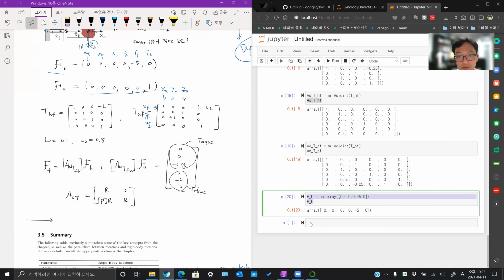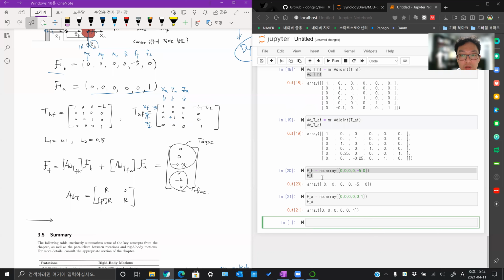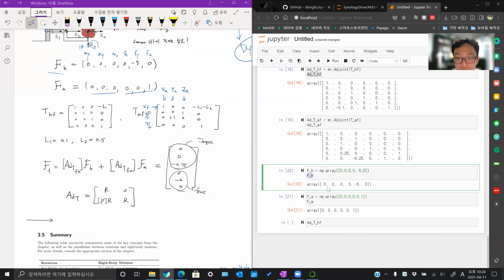Similarly, P A, 0, 1. And then let's calculate this one. This is a 6 by 6 matrix, and this one is actually 1 by 6, maybe.